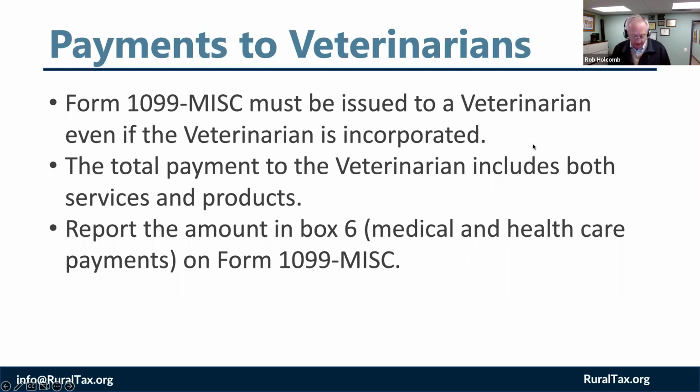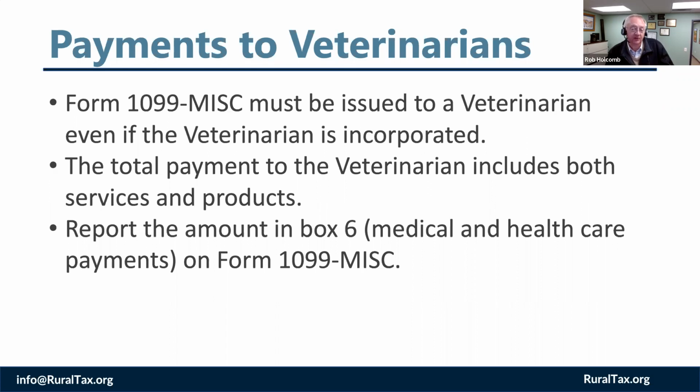Now, one other thing I want to mention here: veterinarians get issued a 1099 whether they're incorporated or not. There's another exception to that as well, and that's for attorneys. For an attorney or a law firm, if you have business expense going to those individuals over $600, they get a 1099 whether they're incorporated or not.